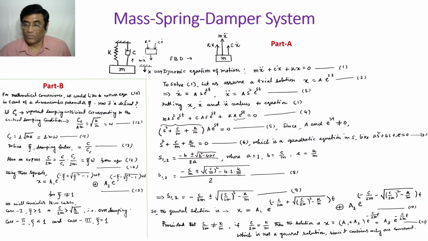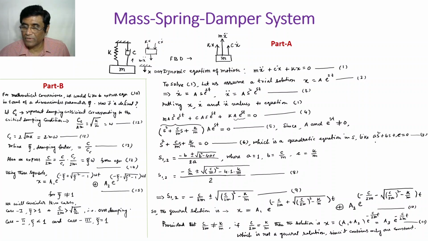This is a quadratic equation in s, of the form a s² + b s + c = 0. If you just compare, a equals 1, b equals c/m, and small c equals k/m.